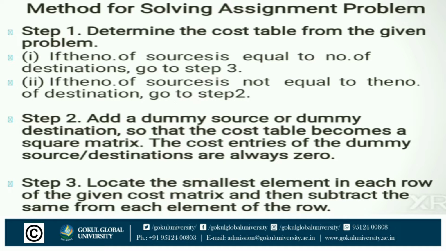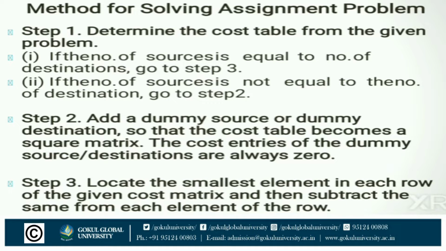If the number of sources is not equal to the number of destinations, go to step 2. Step 2: add a dummy source or dummy destination, so the cost table becomes a square matrix.